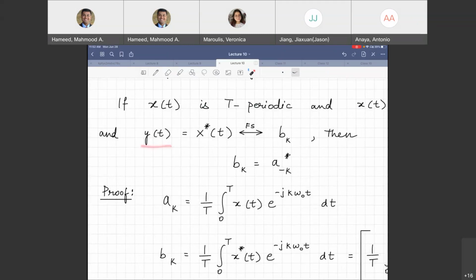Then y of t, which is simply the complex conjugate of x of t, its Fourier series coefficients are defined as b sub k. The relationship between b sub k and a sub k is going to be b sub k is a sub minus k complex conjugate.